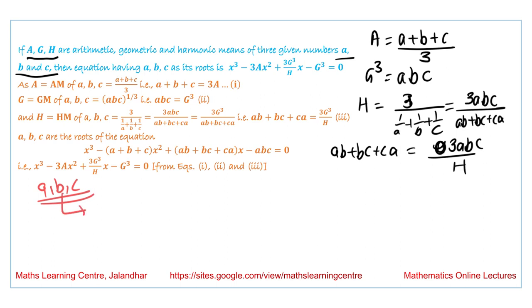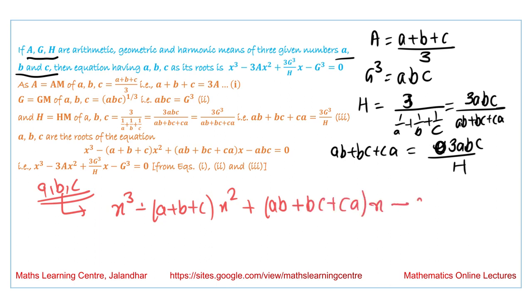Now we are talking about an equation whose roots are a, b and c. The form of the cubic equation will be x cube minus the sum of the roots (a plus b plus c) times x square, plus the sum of the roots taken two at a time (ab plus bc plus ca) times x, minus the product of the roots abc, is equal to 0.